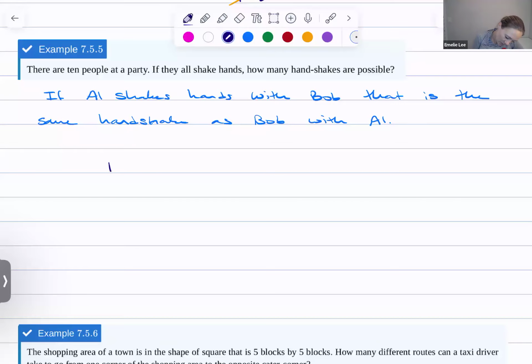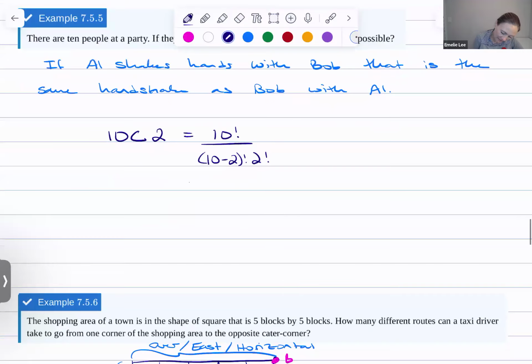Okay, so what we want to find is 10 choose 2. 10 choose 2 is 10 factorial divided by 10 minus 2 factorial times 2 factorial. 10 minus 2 is 8, right? So I'm going to write out 10 times 9 times 8 factorial divided by 8 factorial, 2 factorial.